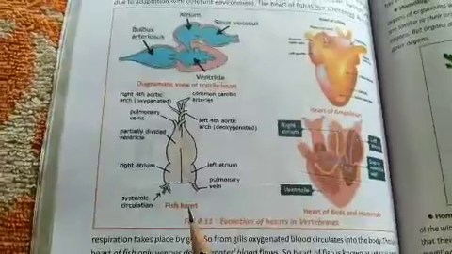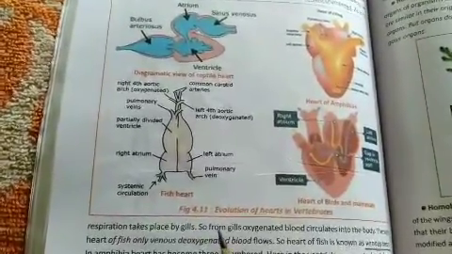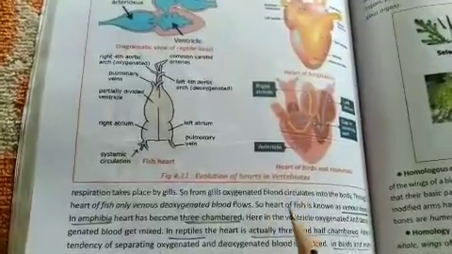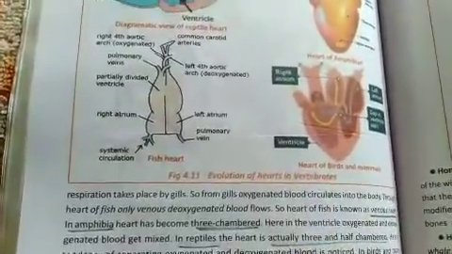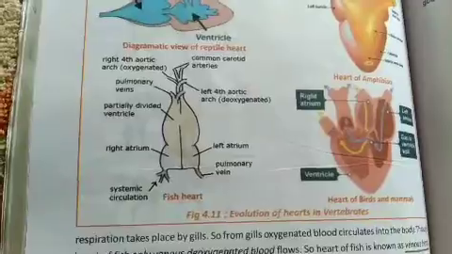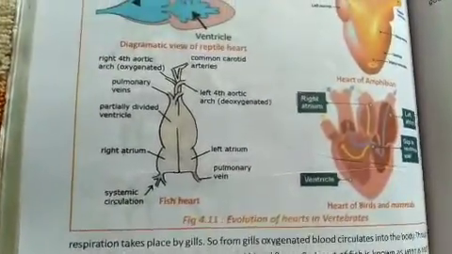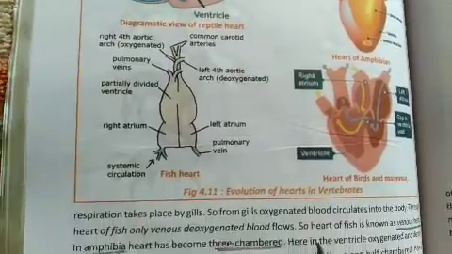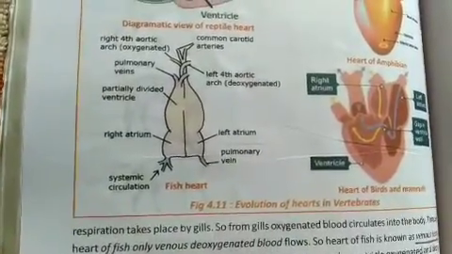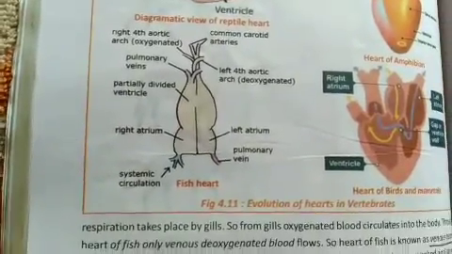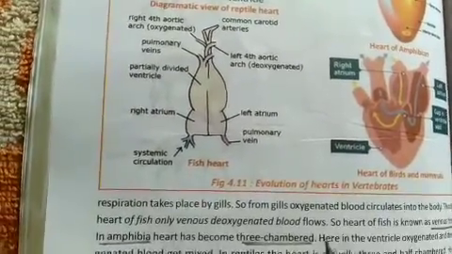First in fish 2 chambers, then amphibia 3 chambers, then reptile 3.5 chambers, and finally birds and mammals are 4-chambered. So from the study of this anatomy, we can see that the gradual evolution of the heart from fish to mammal has taken place as a response to the changed environment, as a response to adaptation.